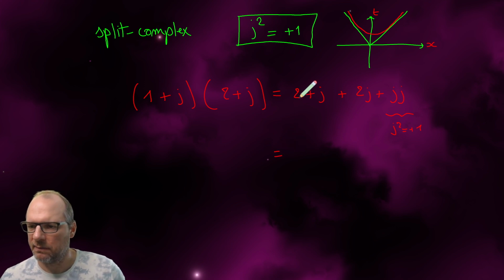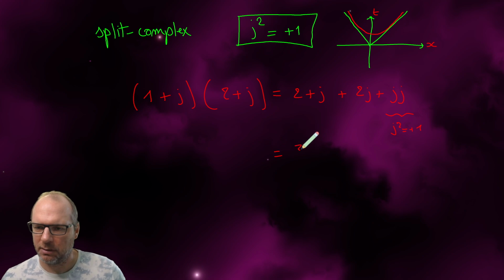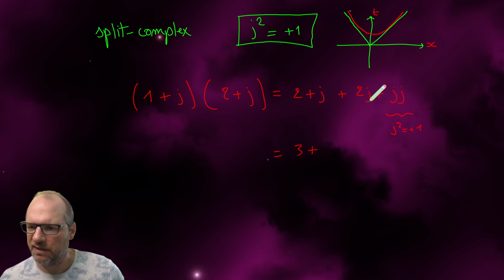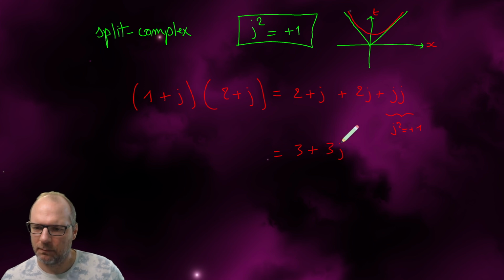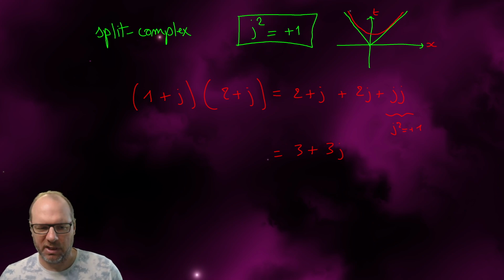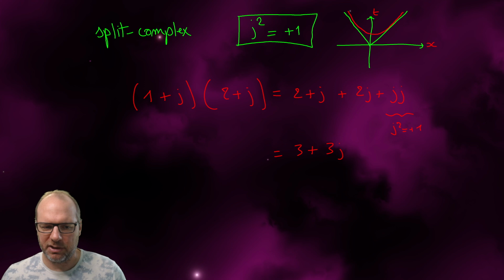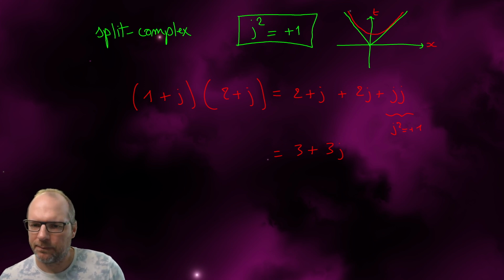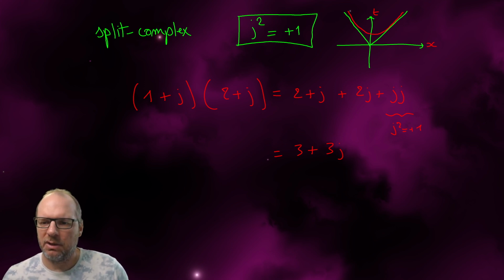Then we have 3, and how many j's? 3j. This is the split complex algebra for hyperbolic numbers, and we know that with a simple rule about the new symbol we introduce, we can do addition and multiplication.